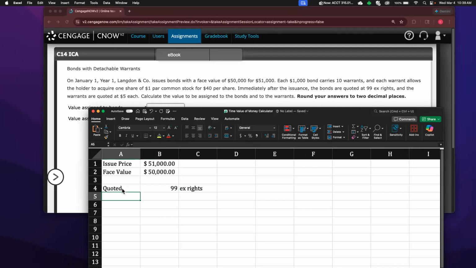So that means our market value without warrants is going to equal our 50,000 times, and to make this easier, we're going to turn this into a percentage right there.